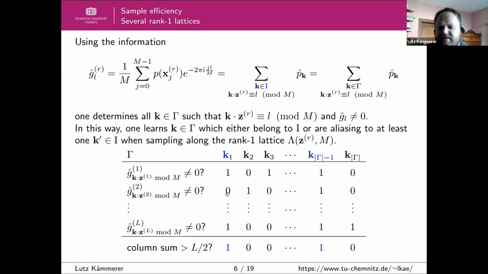You take a look at the number of lattices where these g hat L's belonging to the corresponding k are non-zero, and then you end up with an estimate of which k belong to I and which not. Okay, that's the full idea, I would say.